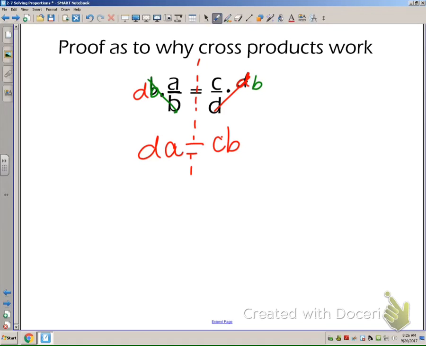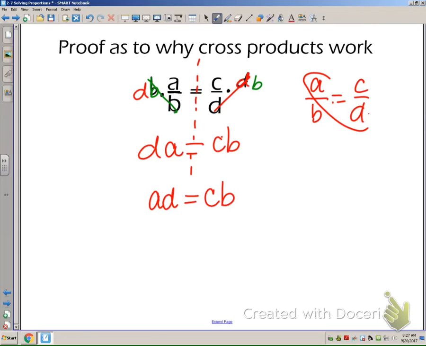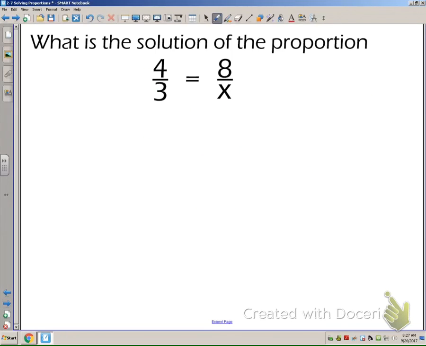So this is AD equals CB. Notice that's exactly what I would have got at the very beginning when I started with A over B equals C over D, if I would have just done the cross products. AD equals BC, these cross products. So that's just a little proof as to why cross products work.